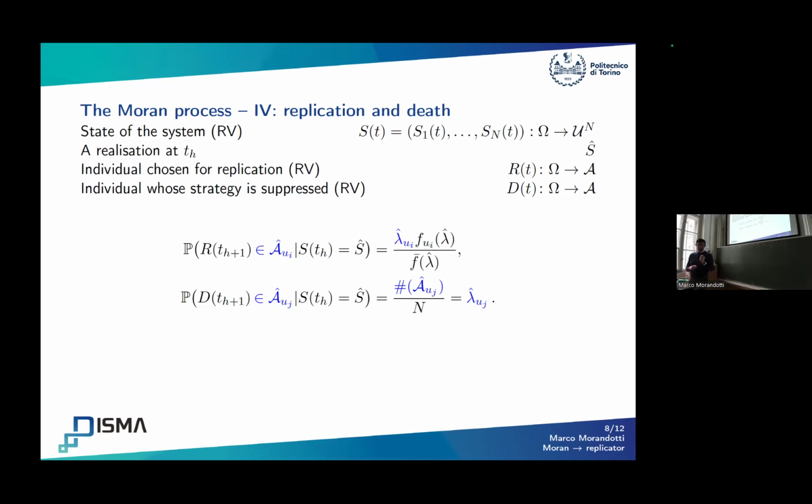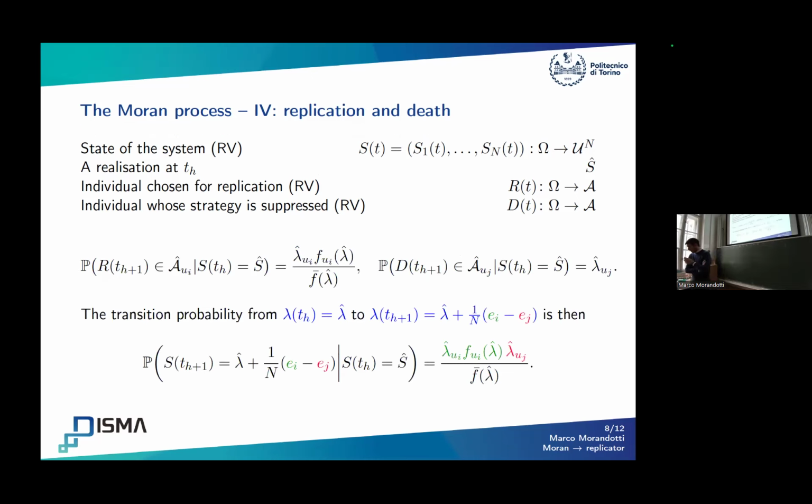And now I want to see the following thing. I assume that one individual carrying strategy u_i is chosen for replication, and then one carrying strategy u_j is selected for suppression. Basically, this is the transition probability from the state lambda hat to the new state lambda hat, where I have one extra element in the i compartment and one fewer element in the j compartment.